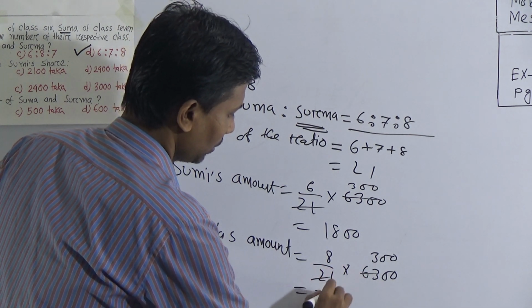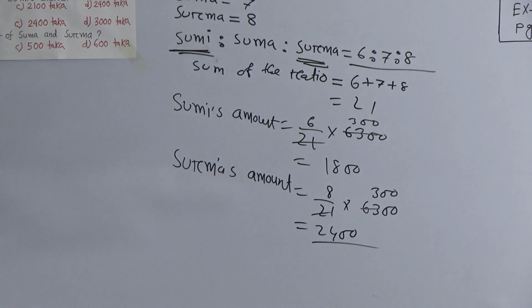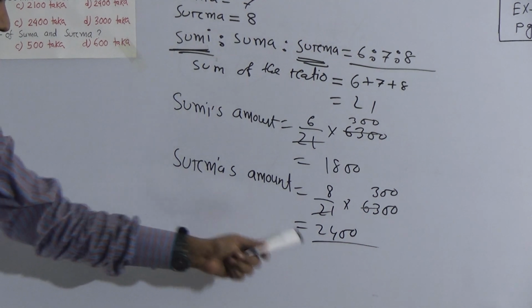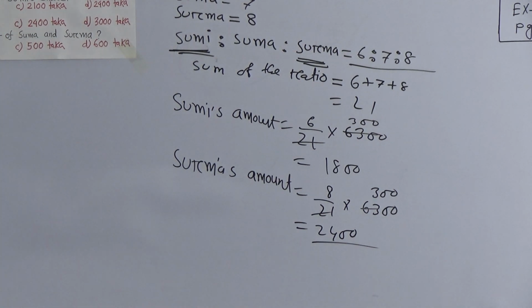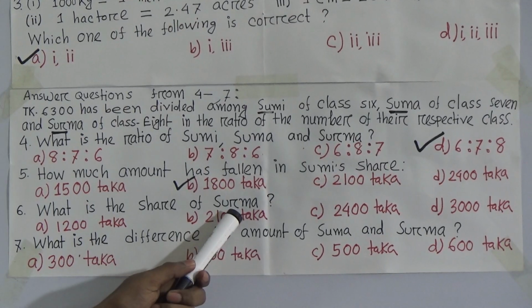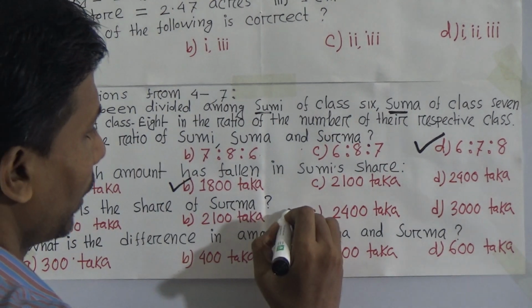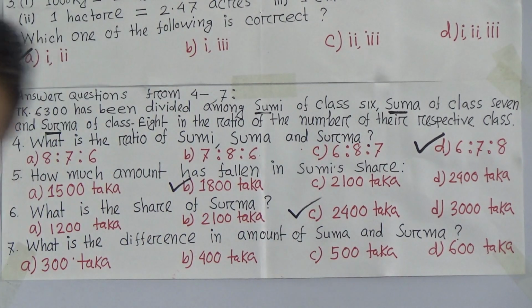Then you get 2400 taka. That means we have got Shurma's amount is 2400 taka. See the question: what is the share of Shurma? So Shurma's share is 2400 taka. You see, option C is correct.